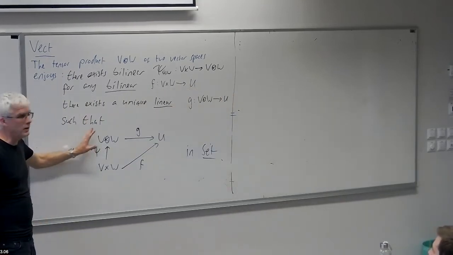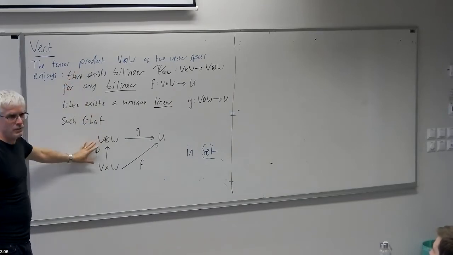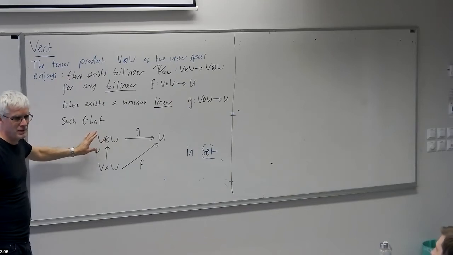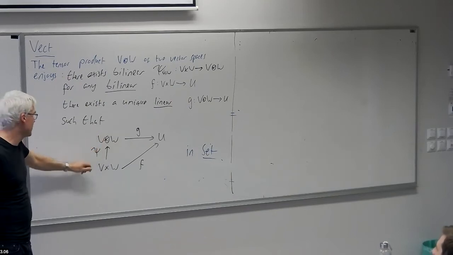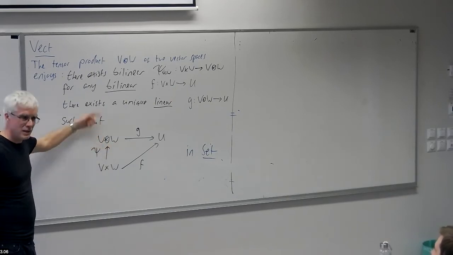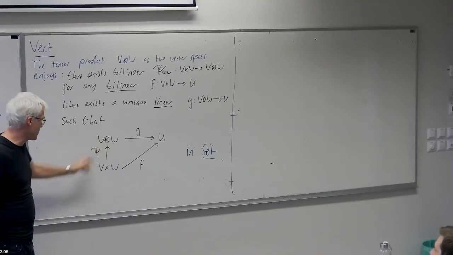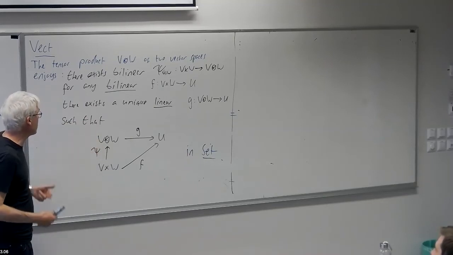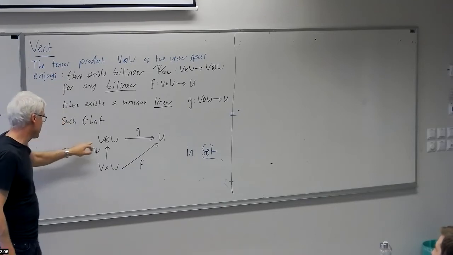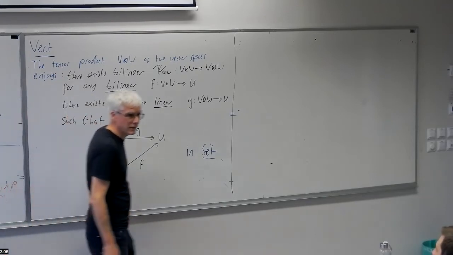It's a bit subtle, but nonetheless, from this property alone one can define the tensor product vector space in many ways. The standard way is to take all pairs of vectors as a basis for this vector space, and then you need to quotient it by some equivalence relation. It's all a bit messy, but this characterizing definition defines the tensor product up to linear isomorphism.